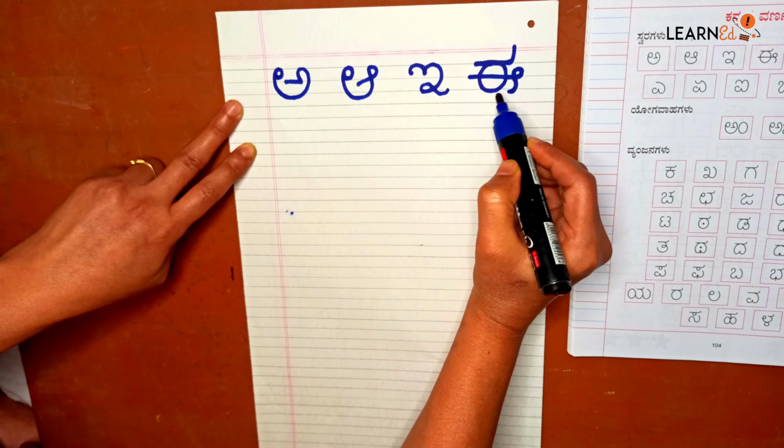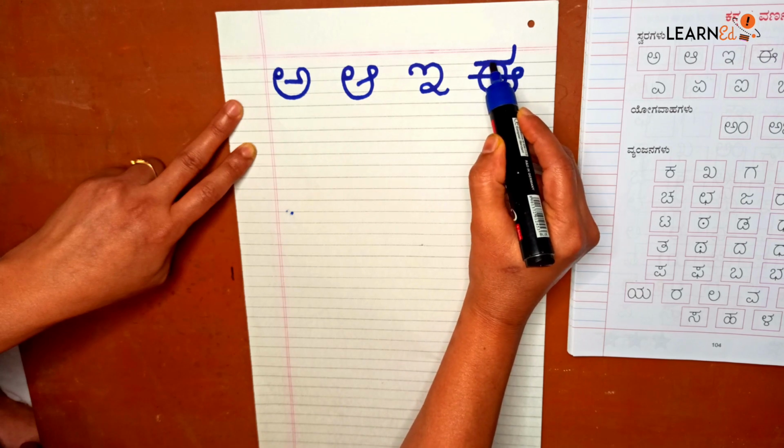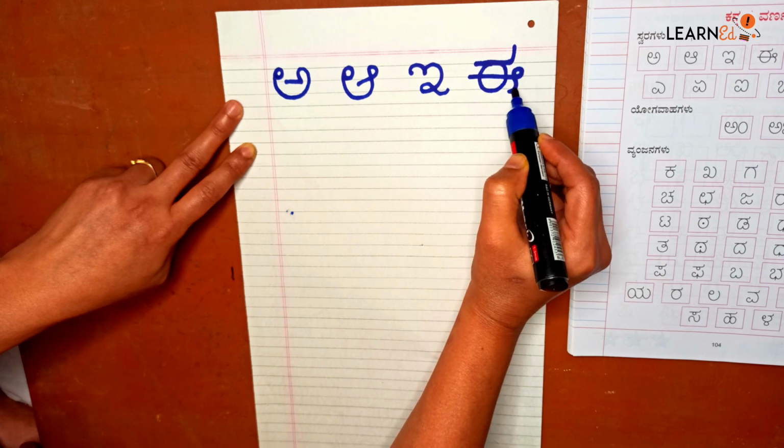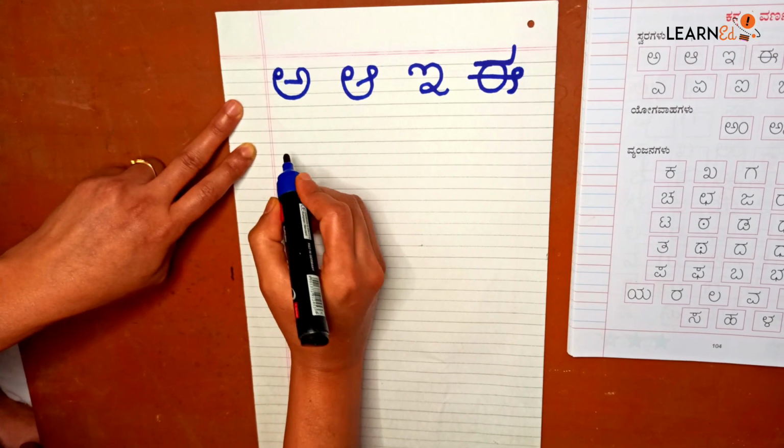E. First make a circle, come this side, back again and up, then a sleeping line and make a 0 and come down. E.